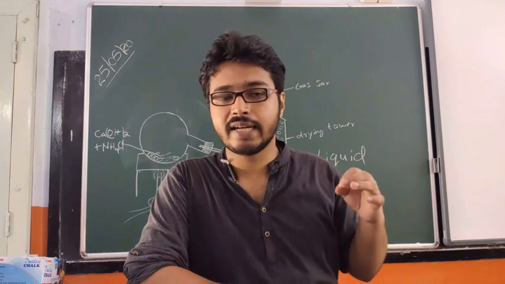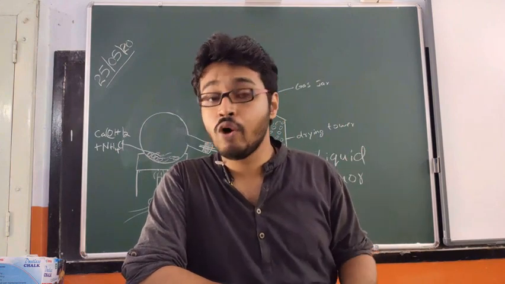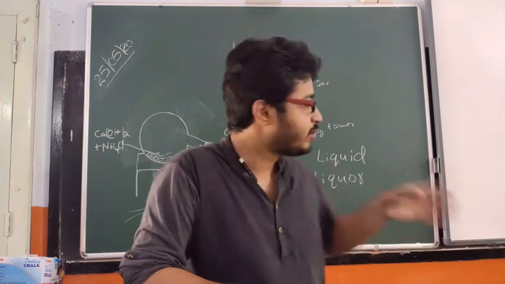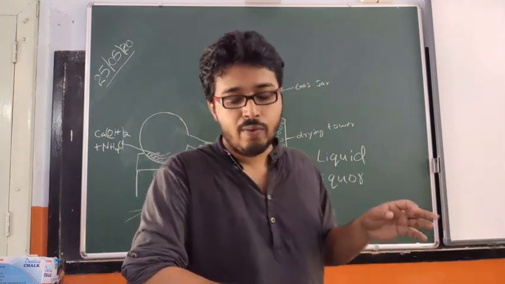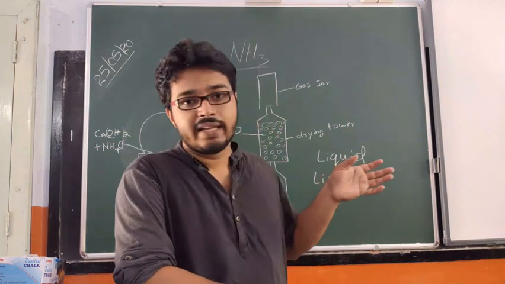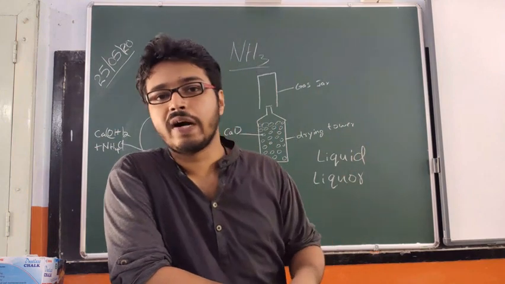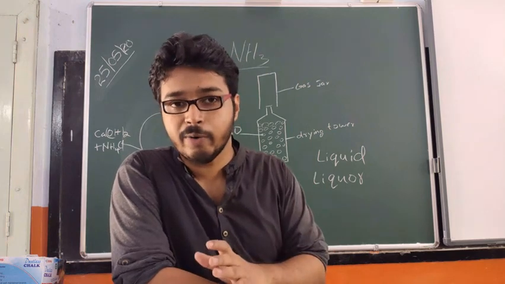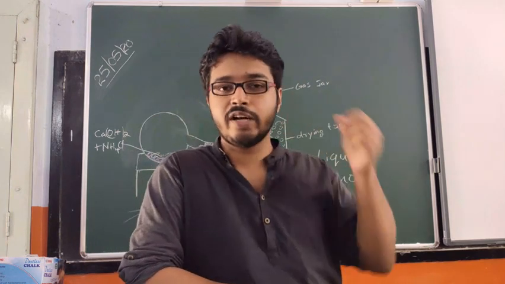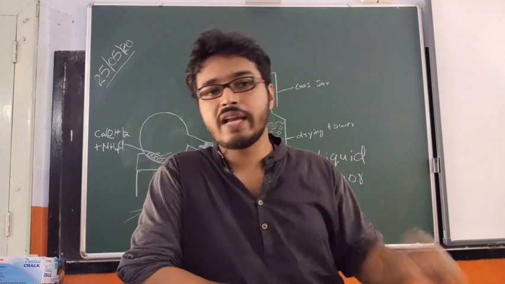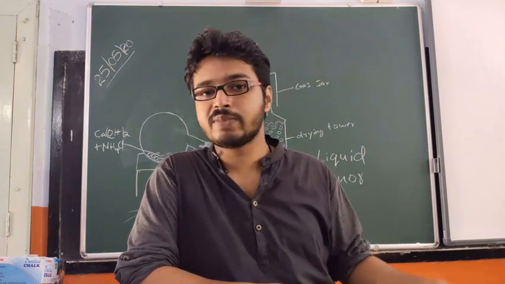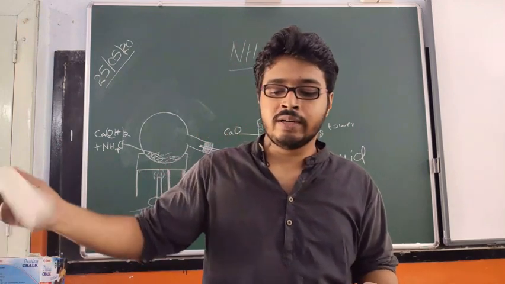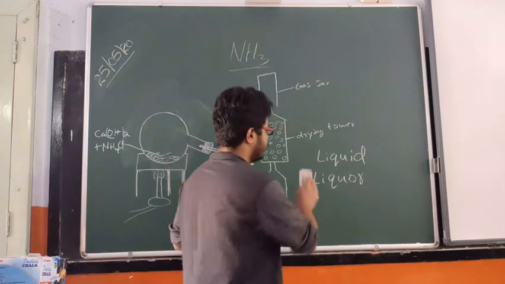Ammonia gas is compressed at high pressure and low temperature to give liquid ammonia in liquid state. Now liquor ammonia is ammonia gas dissolved in water. If you are dissolving ammonia gas in water, you will get liquor ammonia. This is one of the important questions that is usually asked in the exam: what is the difference between liquor and liquid ammonia? Just go through that.